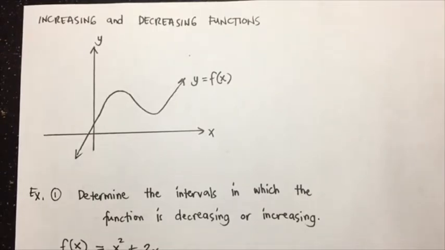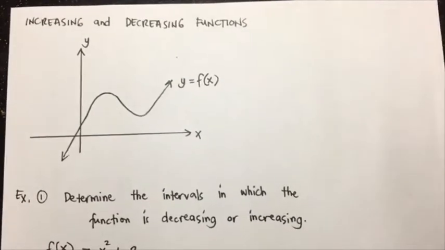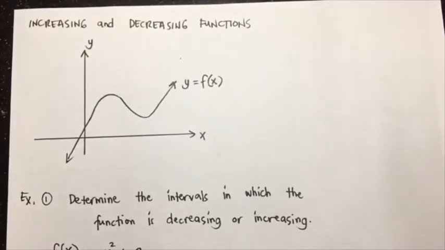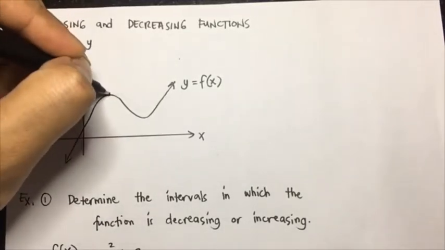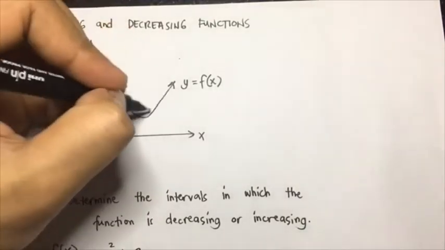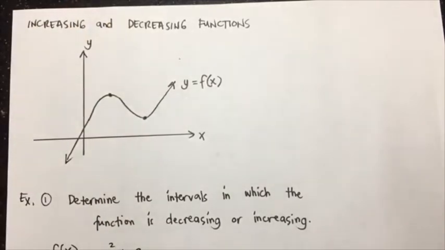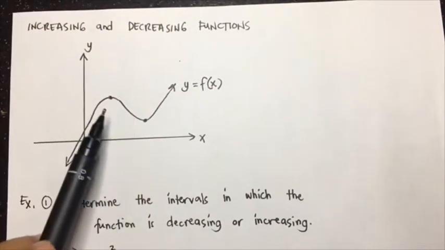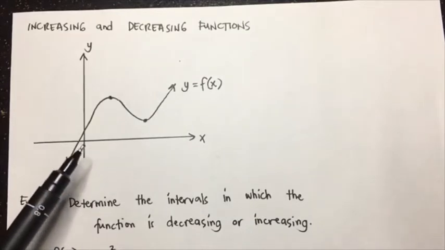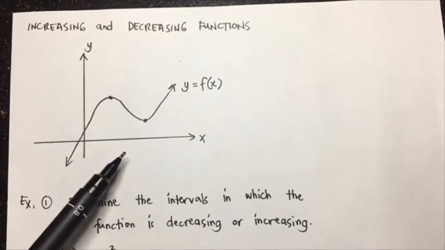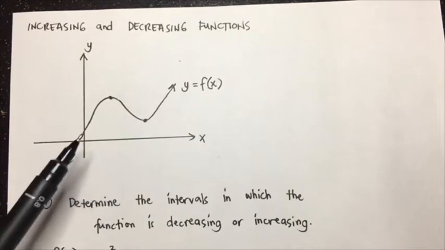As I've discussed in the previous video, generally it's the point where the trend of the graph changes, from increasing to decreasing or decreasing to increasing. And using the second derivative test, you will determine if it's your relative maxima or relative minima. Those two points are where there is a change in trend.